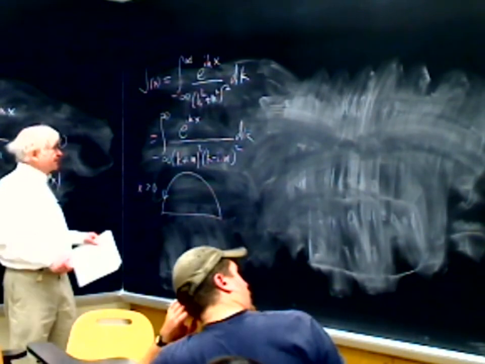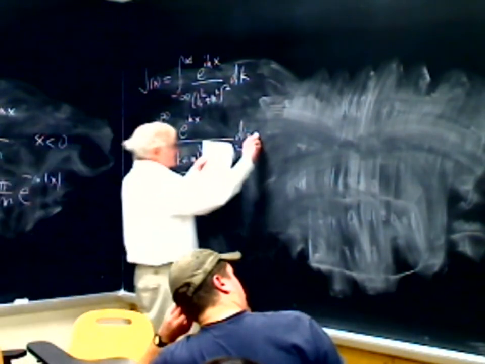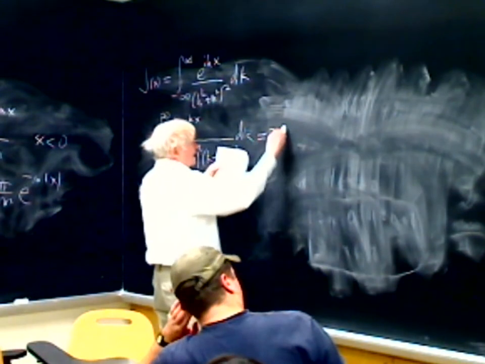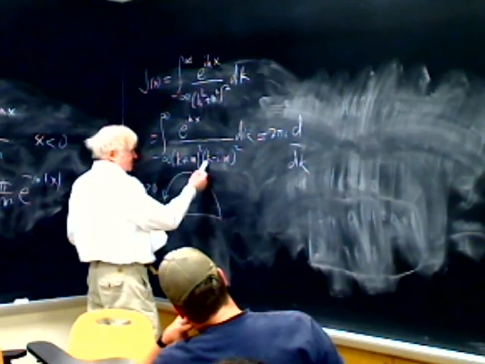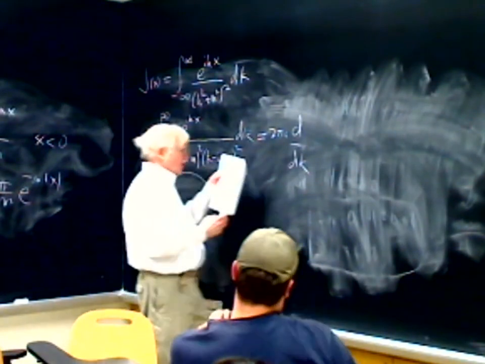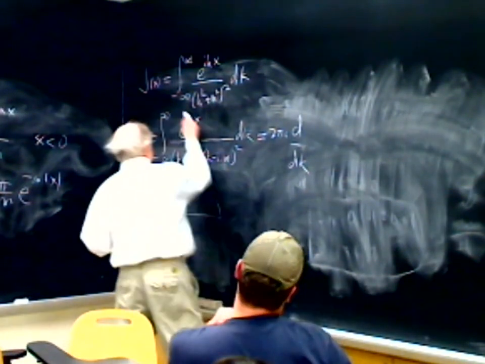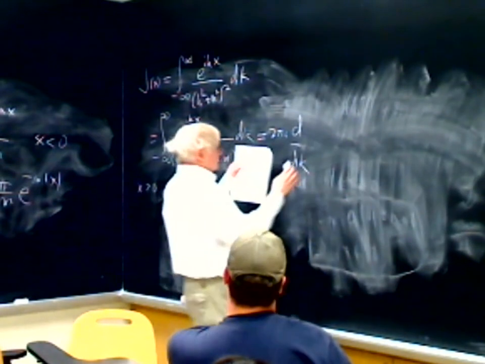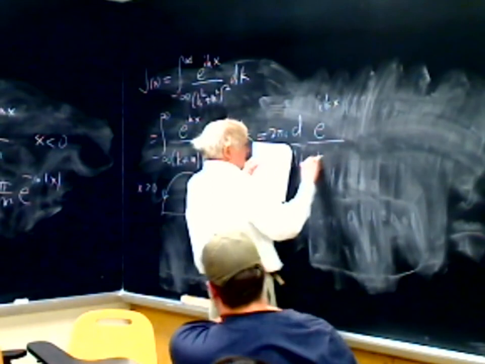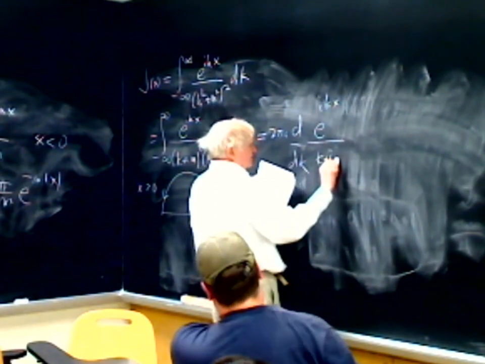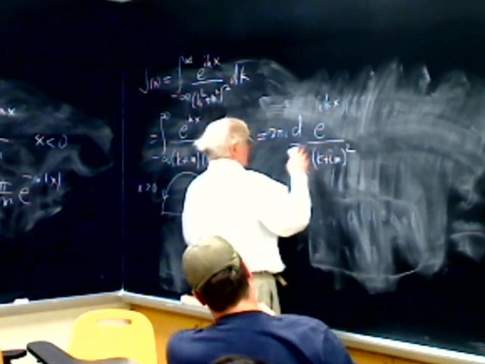All right. So now by Cauchy's integral formula, this is just equal to 2 pi i d by dk, and that's because we have a second power here, of everything else, which is this: e to the ikx over (k plus im) squared.